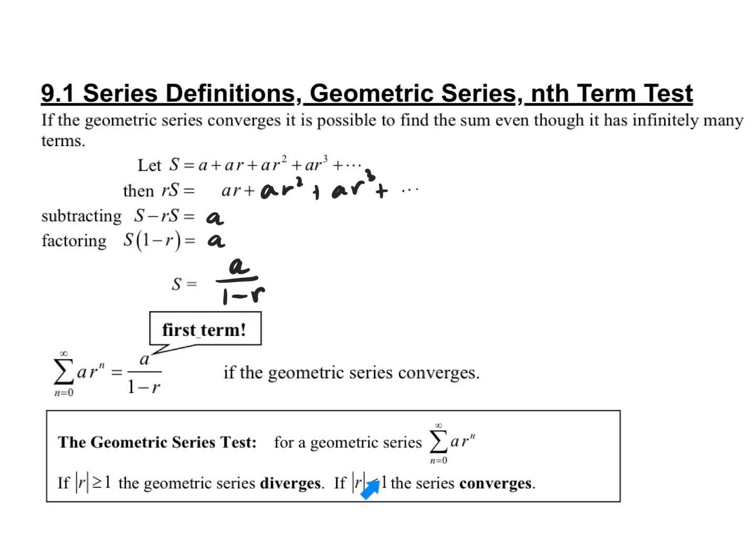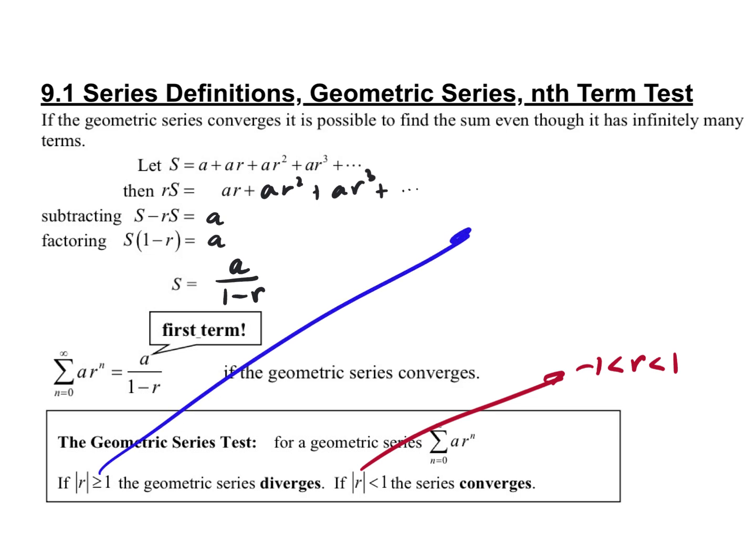No mixed numbers, no improper fractions, 1/2, -1/3. If R is within 1 and -1, then it's going to converge, okay? So if R is greater than or equal to 1, or R is less than or equal to -1, then it will diverge. Down here, it will converge, okay?